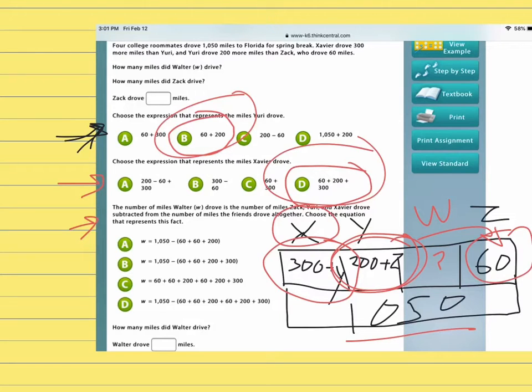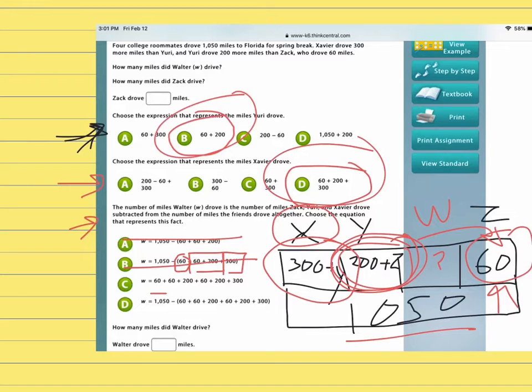Walter is going to equal 60, which is this number right here. And then it's going to equal 200 plus 60, which is the same as Yuri. And then it's going to equal 300 plus 200 plus 60 here. So that doesn't work. Let's take a look at C.